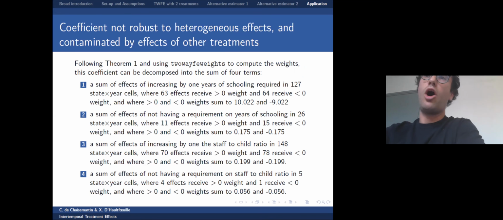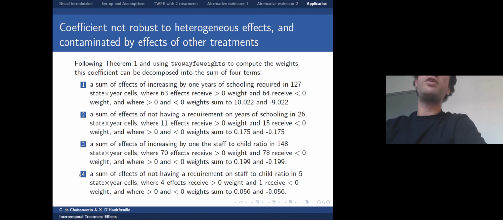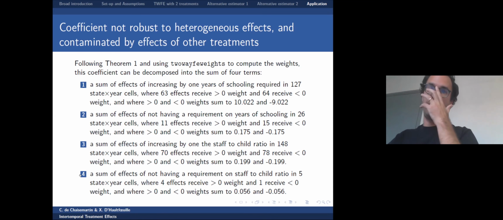So the coefficient on the years of schooling treatment measures a weighted sum of the effect of that treatment in 127 state times year cells, where 63 of the effects entering the weighted sum receive a positive weight and 64 receive a negative weight. And you see that the negative weights are extremely large. They sum to -9. And then you have 3 other terms which correspond to the contamination terms.